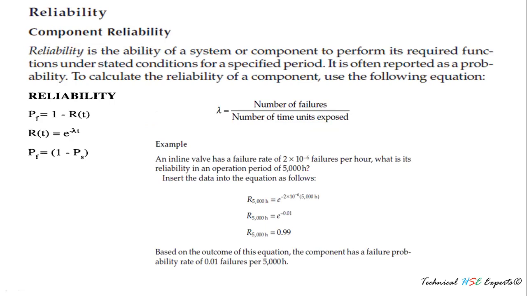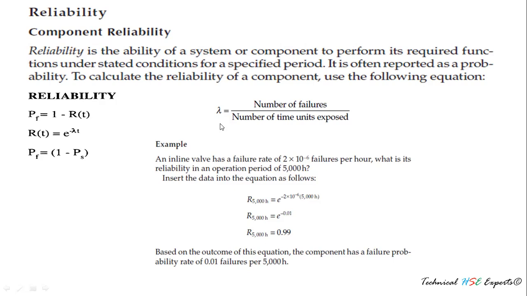Here we will discuss reliability and the formula, which is in the formula sheet. What is reliability? It is the ability of a system to perform its required function under stated conditions for a specific period. It is often reported as a probability. To calculate the reliability of a component, use the following equation.